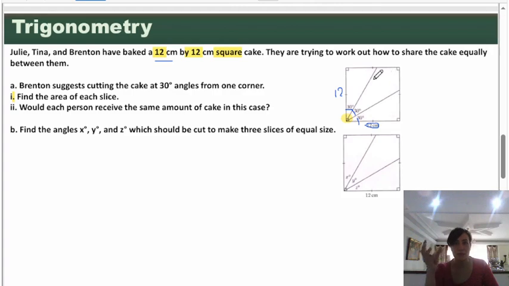Okay, so easy. But I recognize this figure is a right triangle, and this figure is a right triangle as well. So I need to find the area of a triangle. I need to know the base and height. So I have to find the height, which is here. I call it x.